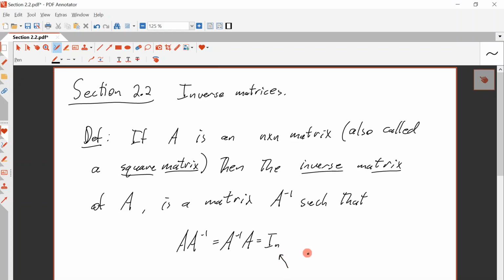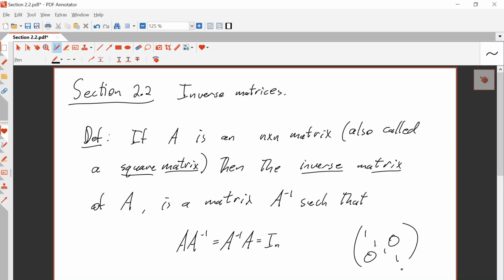And remember this matrix, that's the matrix with all ones on the diagonal and zeros everywhere else. Under matrix multiplication, it does the same function as the number 1 in the real numbers, because when you multiply any matrix by the identity, you get the same thing back.